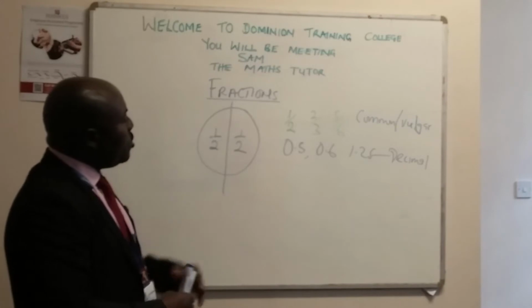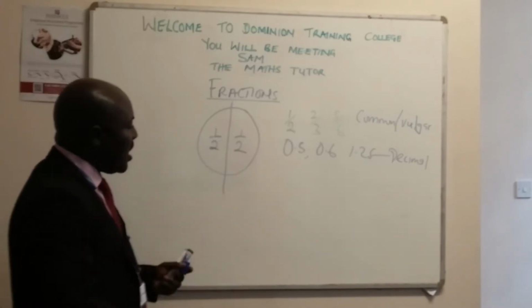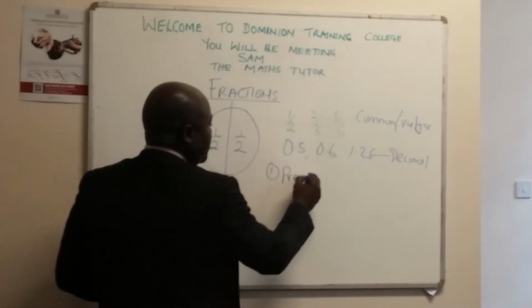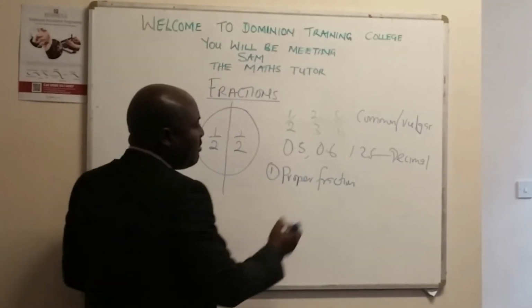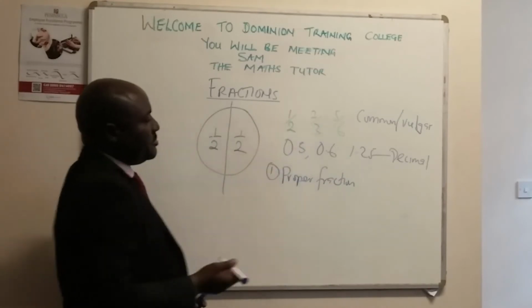So we now go to types of fractions. We have 1, proper fraction, where the number above the line is smaller than the number below the line.